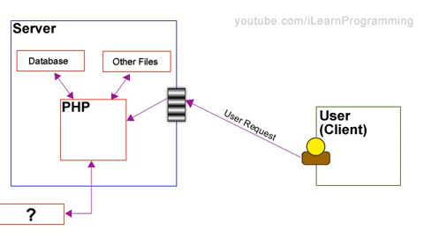Once the PHP file is interpreted, we are left with an HTML page or HTML file. No PHP will be sent to our user, only the HTML, which was just assembled on the fly. As you can see, this procedure is dynamic. It's a lot more versatile than a static HTML page.